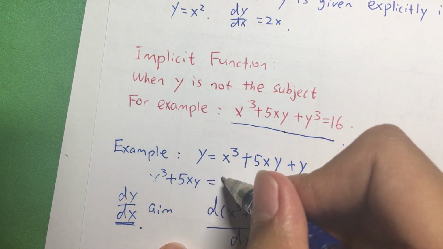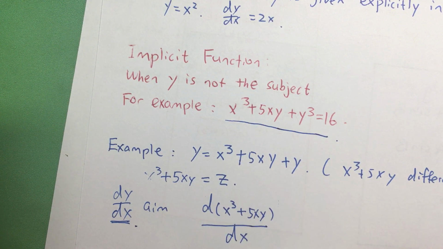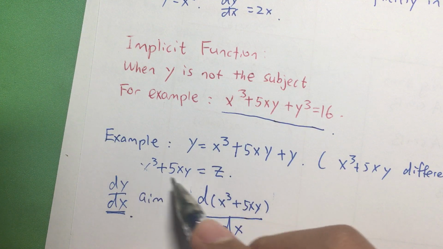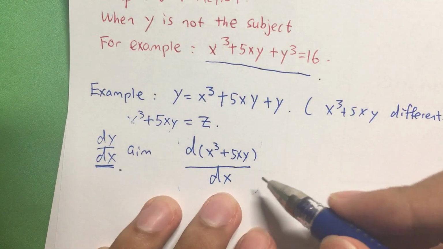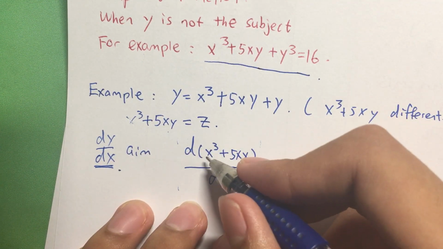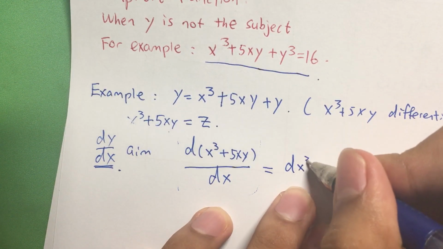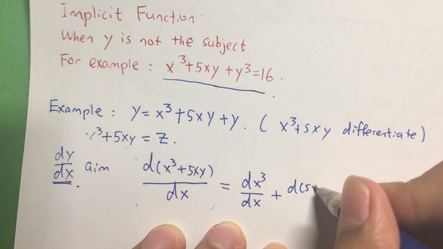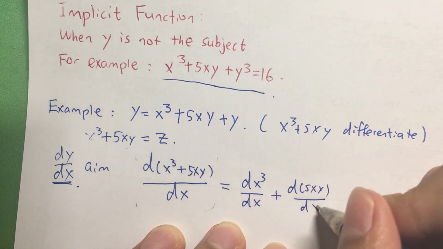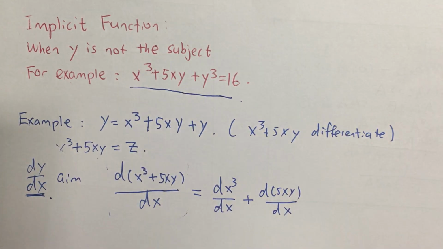Let's assume that this is equal to z, which will get this form, the differentiation of the function. Now we can split this into two fractions, which gives dx cubed over dx plus d5xy over dx.